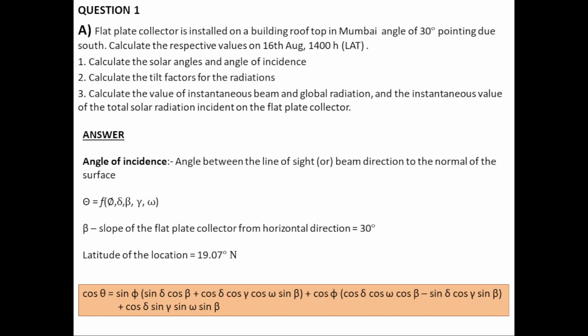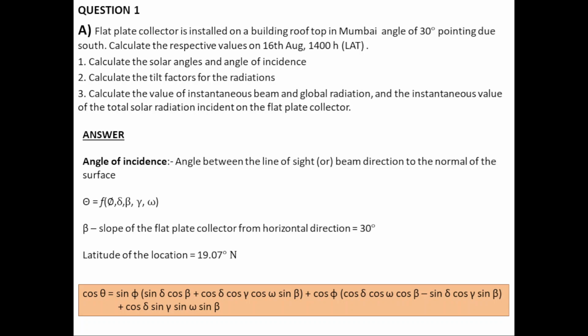The flat plate collector is installed on a building rooftop in Mumbai at an angle of 30 degrees, which is the slope from the horizontal direction, pointing due south. We are asked to calculate the solar angle, angle of incidence, tilt factors, and then the instantaneous beam and global radiation, the instantaneous value of the total solar radiation incident on the flat plate collector.